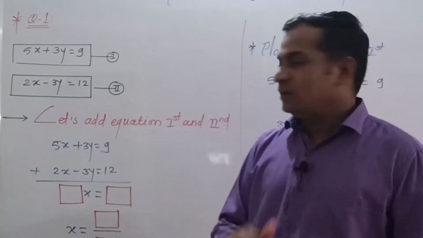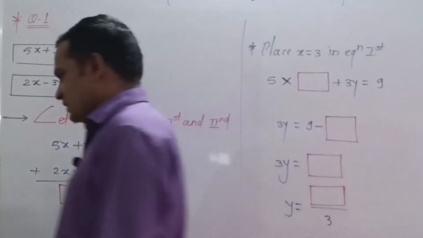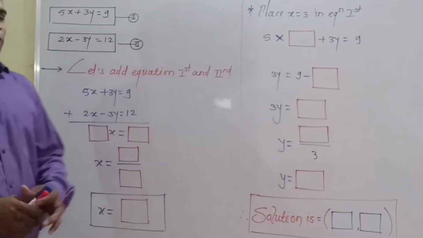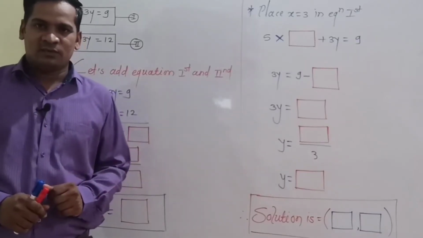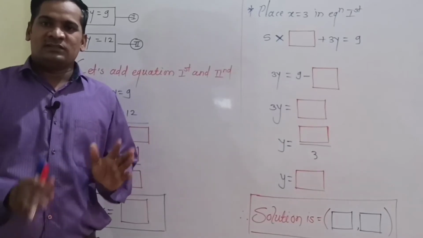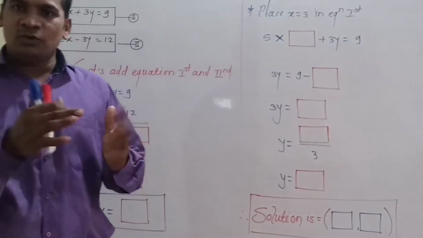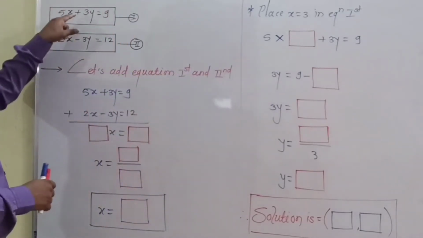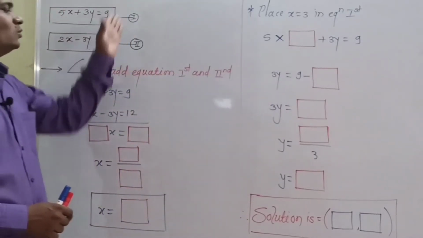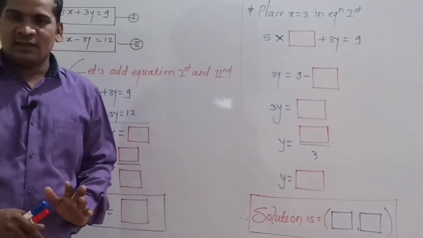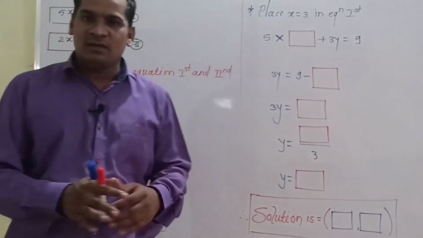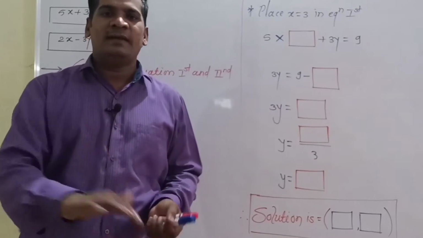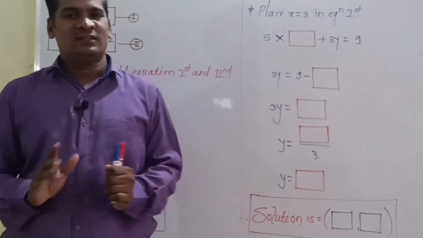Okay. So in such cases, we have to use some tricks. If the signs of both terms are different, that means plus and minus, at that time we have to add the two equations. And if the sign is the same, either plus plus or minus minus, at that time subtraction will be there.